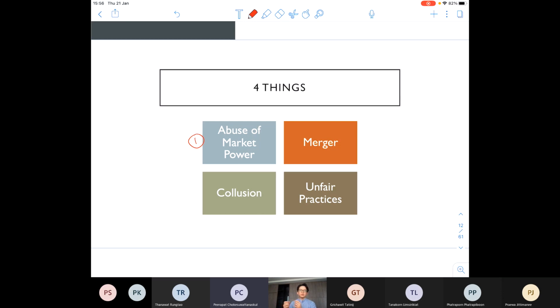But there are so many cases as well where you are not that big, but you could exercise a certain level of market power. Say you have a few players within that market, like the telco industry, the mobile phone industry, where you have just a few service providers here in Thailand, right? AIS, True, DTAC, that's it.